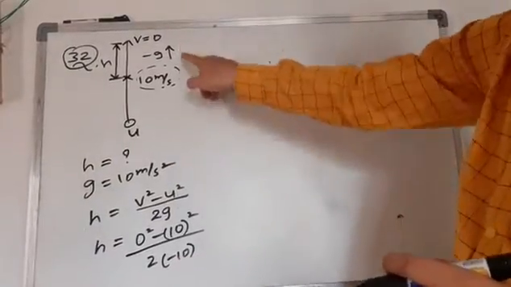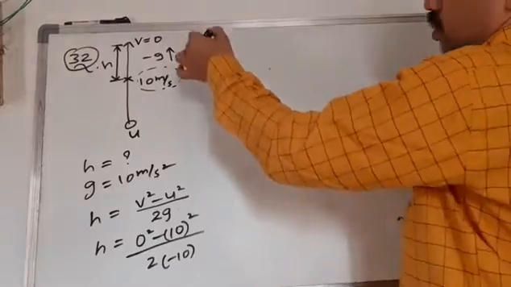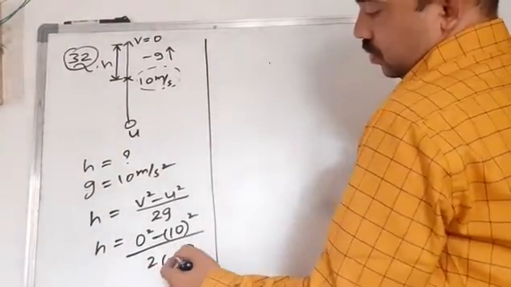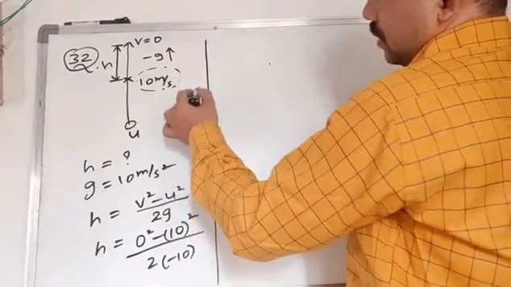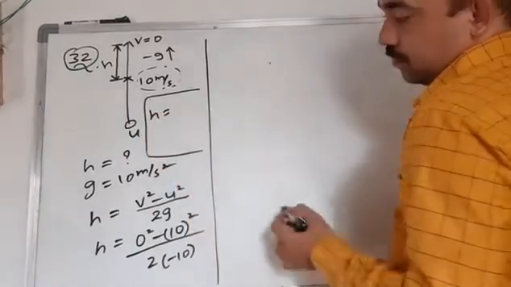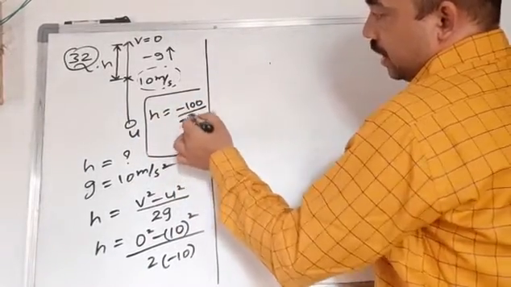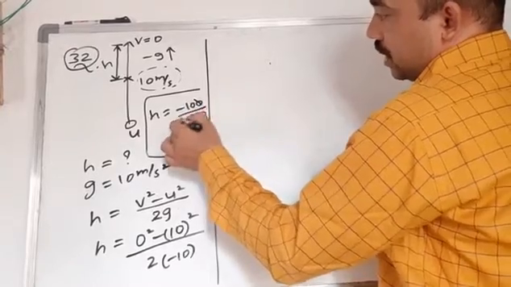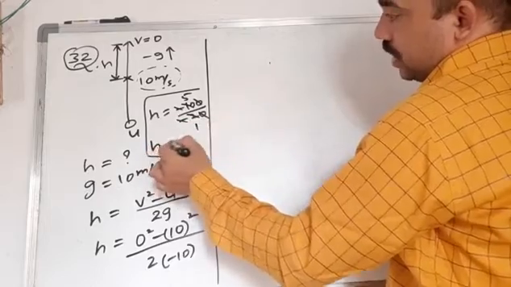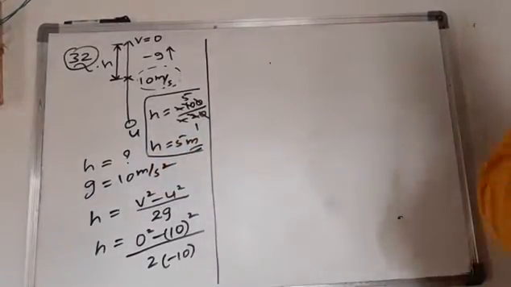Because it is going up, that's why I take minus here. So overall h is equal to minus 100 by minus 20, the zeros cancel, minus minus cancel, 2 1s are 2, 2 5s are 10, so h is equal to 5 meters is our answer, right?